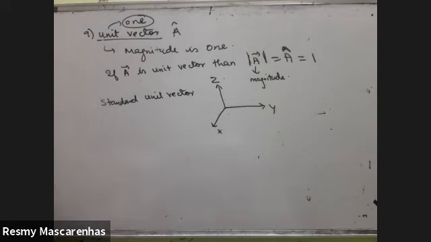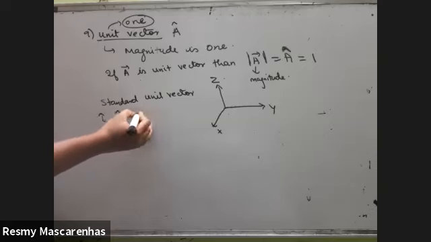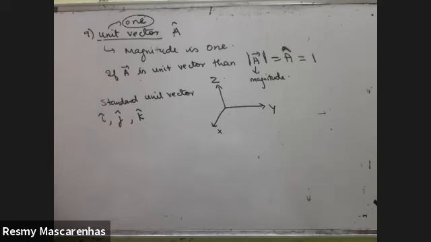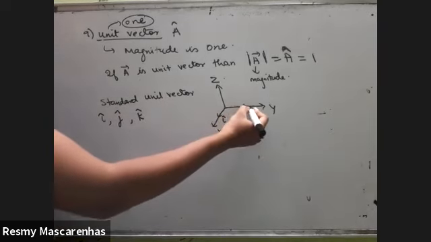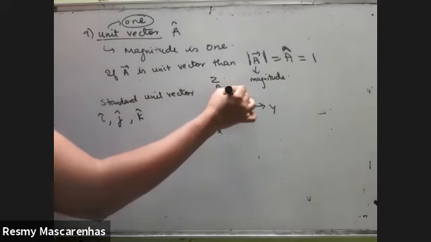I cap is along which axis? These are the standard unit vectors which I've already told you in the previous chapter. So I is along which axis? Tell fast. As per the letters only the order is. Which comes first? X. So I is always along the x-axis, J is always along y-axis and K is always along z-axis.